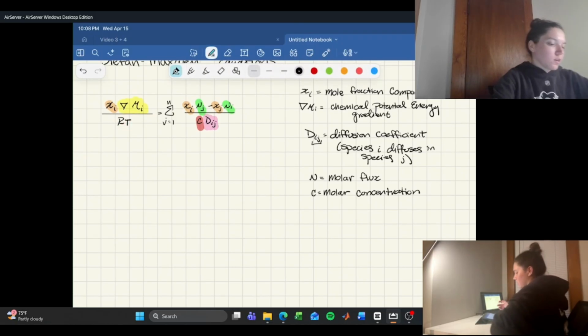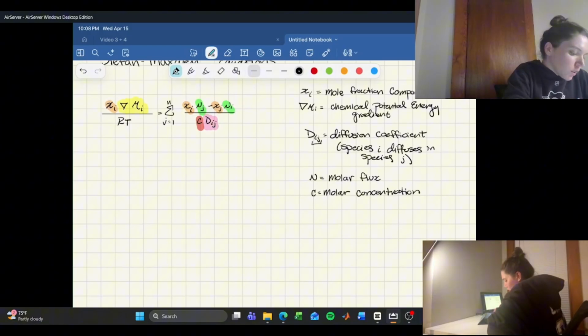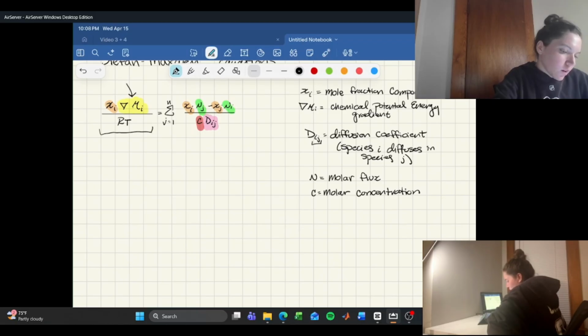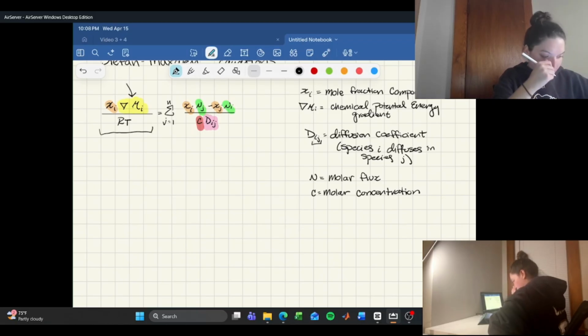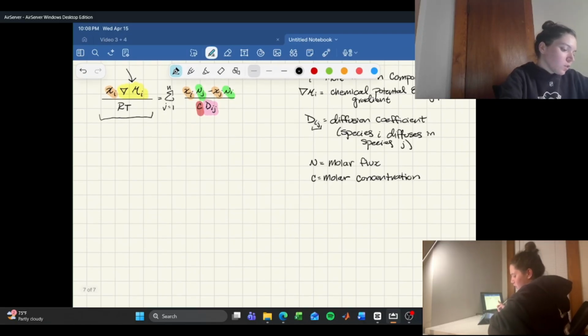So now I'll just rewrite this to make it a little bit more simple. On this side, the chemical potential gradient was going to be the driving force for this mass transfer. So we are going to just simplify it and say that the driving force is going to be Di, of component I. And then the right side we're going to keep the same.